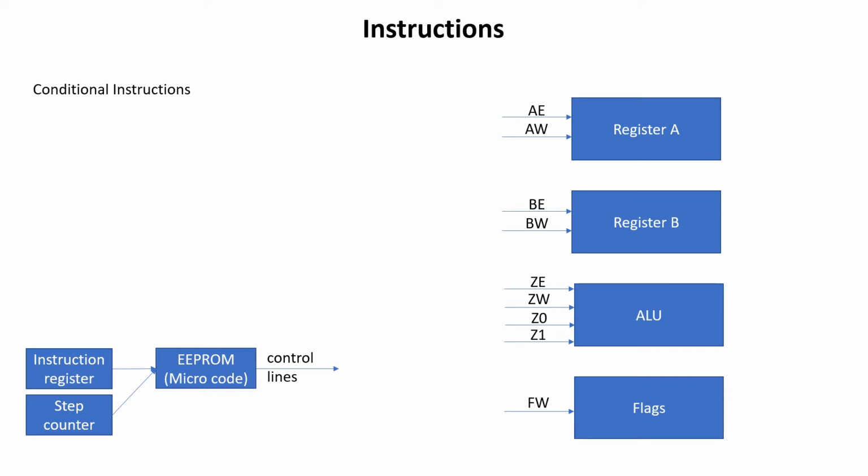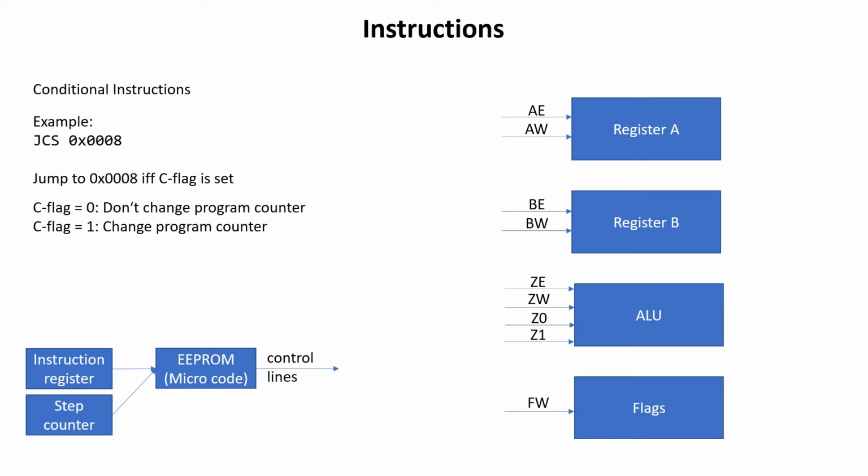Some instructions are conditional. That means what the instruction does is dependent on, let's say, the state of a flag. So let's say there is an instruction called jump on carry set to address 8, and this instruction shall only change the program counter if and only if the C flag is set. So that means if C is set, change the program counter, and if not, don't do it.